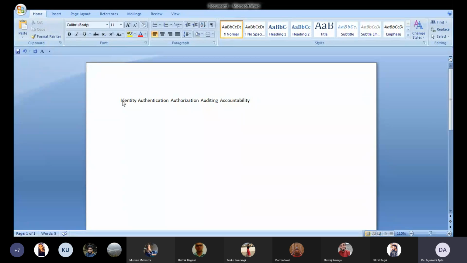Because you need to prove that you are that user, and that is done by authentication. Are you with me, all the participants? We are discussing the identity as well as the authentication. Fine? Are you with me, my dear students? Yes, ma'am. Okay. So this is the identity, authentication, authorization, auditing, and accountability.